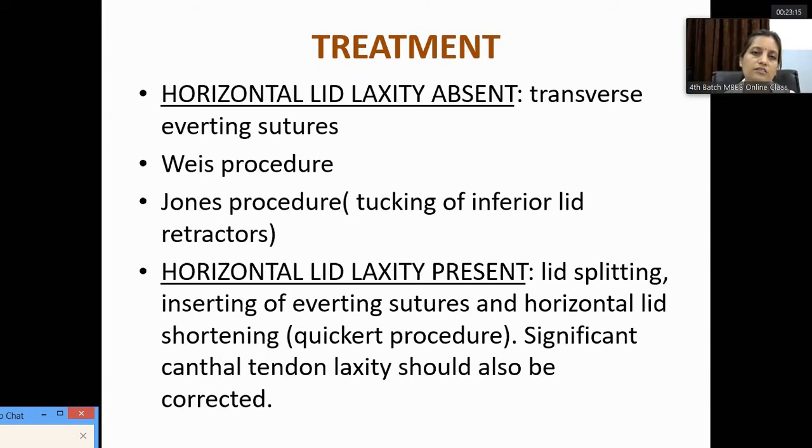That is just the tightening of the inferior lid retractors, or if horizontal lid laxity is present, then lid splitting, insertion of everting sutures, and horizontal lid shortening, which is the quickert procedure, where significant canthal laxity should be corrected. So these are the different surgical treatments. Just if you know the names, it is okay.